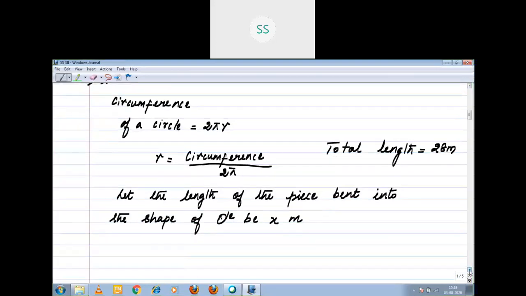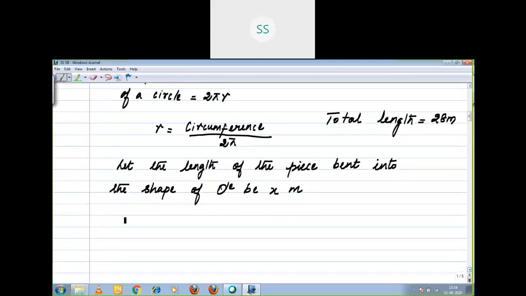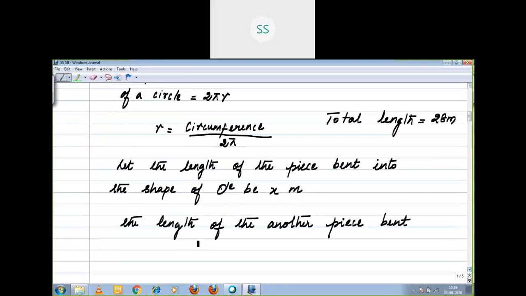Next, the length of the other piece, bent into the shape of a square, will be what?